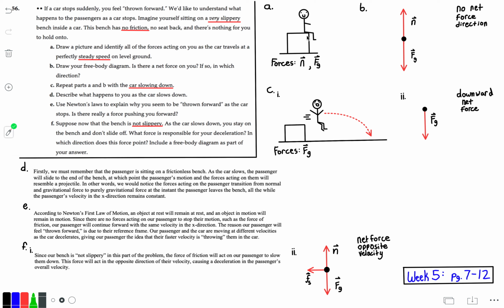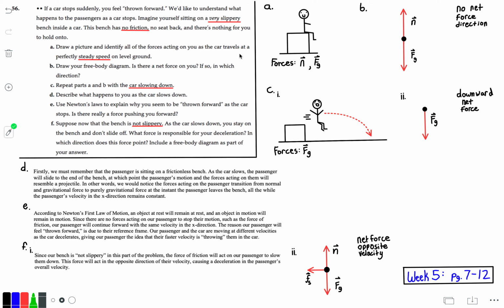When they are traveling at a constant speed forward, there is going to be no net force acting on them. We also don't know which direction the car is traveling in. We can assume that it's traveling in the positive direction. That's why I drew him facing forward, but the problem does not specify, so therefore we do not know.